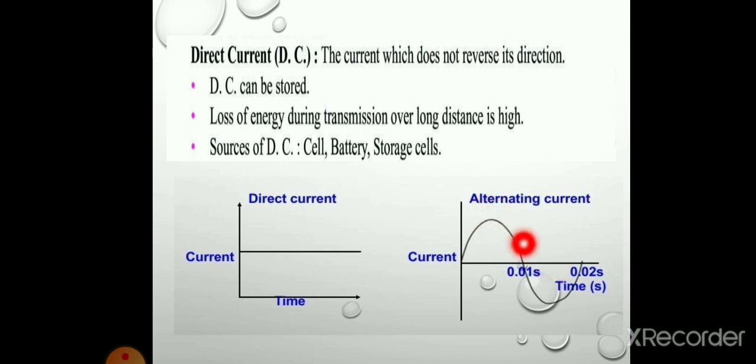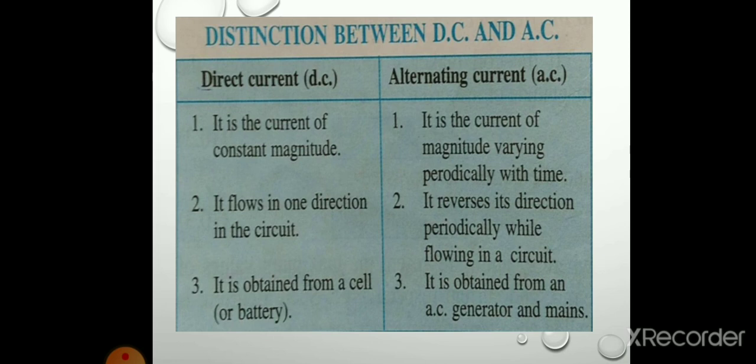For a total of 0.02 seconds the current direction reverses twice. So this is the graph for direct current and alternating current.